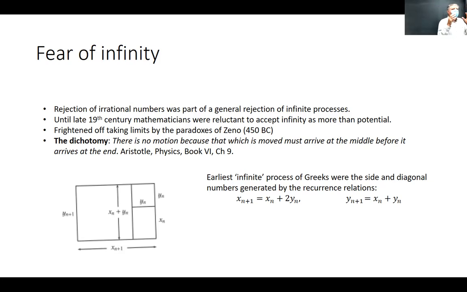So the Greeks were okay with the idea of potential infinity. By that I mean, consider a line. They didn't really think of a line as going forever and ever and ever. They think of a line just as going as far as you need. Okay, that's what I mean by potential.